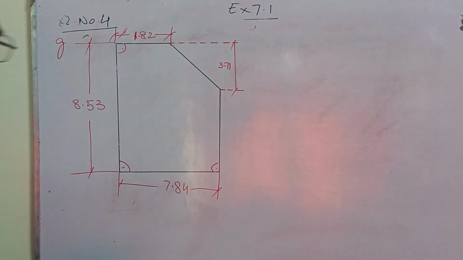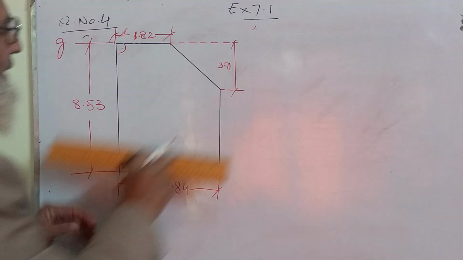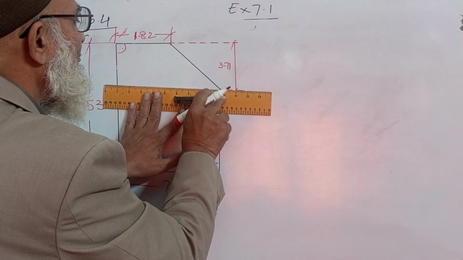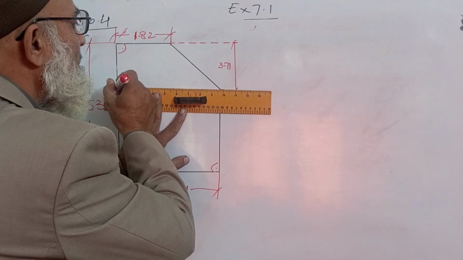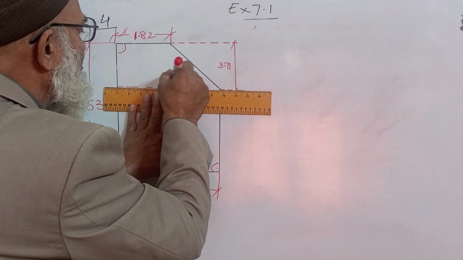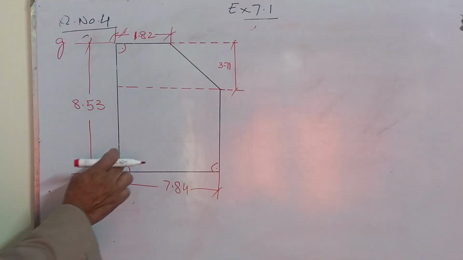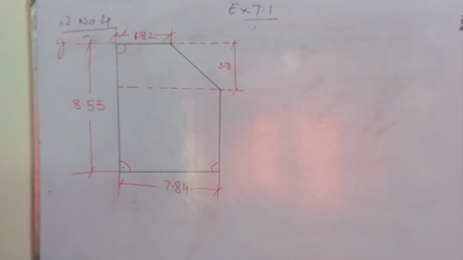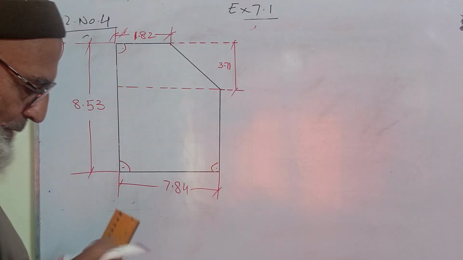Now you can easily decompose this figure into two figures, and number one is the rectangle and number two is the trapezium. So I am going to decompose it, break it into two simpler figures. Now you see this is a rectangle and this top one is the trapezium.